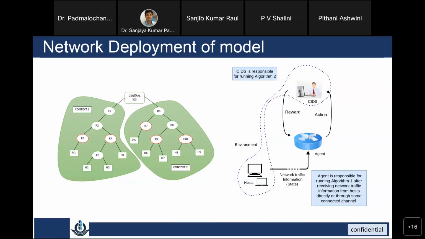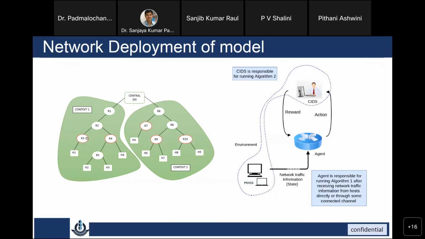The idea is that agents collect the packets from the network. All these agents collect incoming packets from these hosts, and then they run the agent logic algorithm. It selects appropriate features, cleans the data, and identifies which features are relevant for the central IDS.